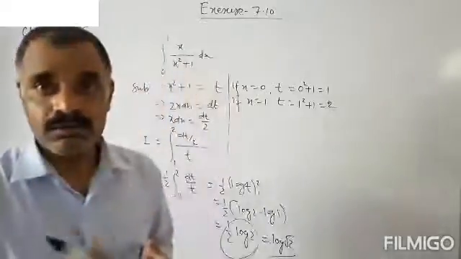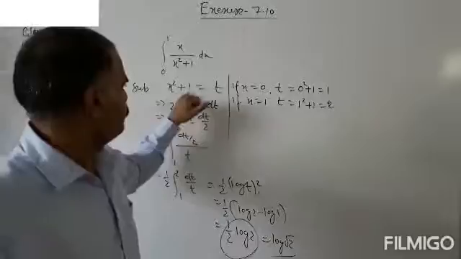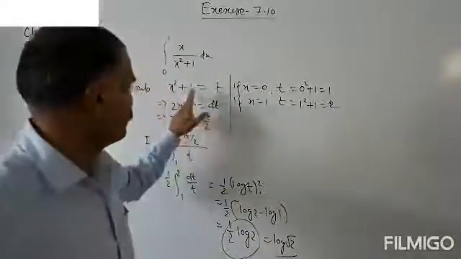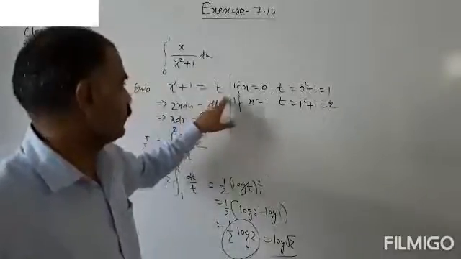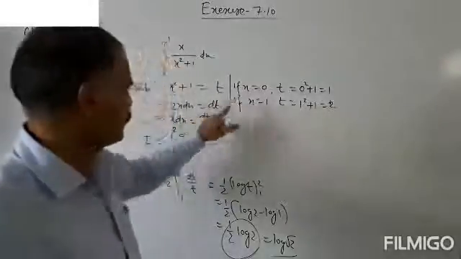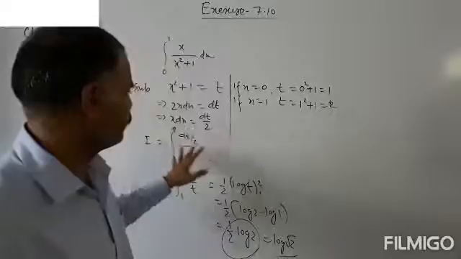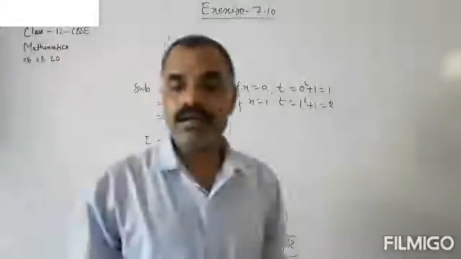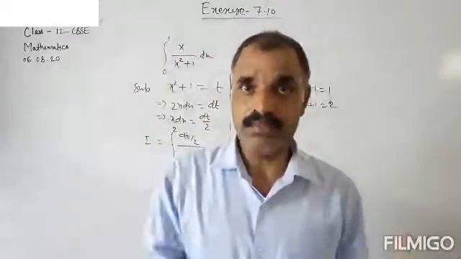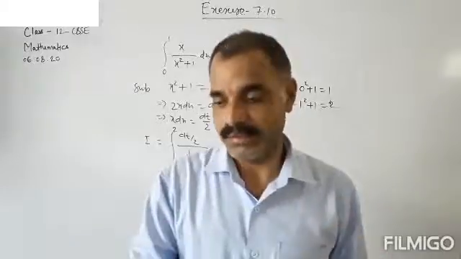How will the limit change? x square plus 1 is equal to t, so if x is equal to 0, then t is equal to 1, and if x is equal to 1, then t is equal to 2. So the limit will change from 1 to 2, and the other part is the same. Integration will be done in the same way, and the fundamental formula will be the same.